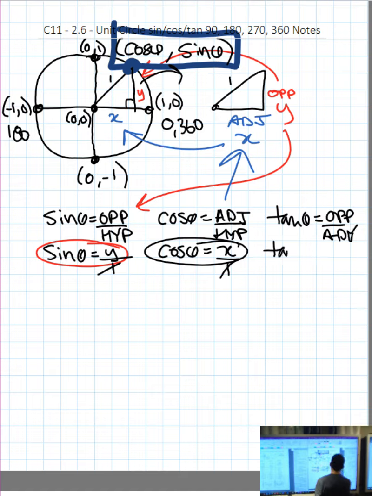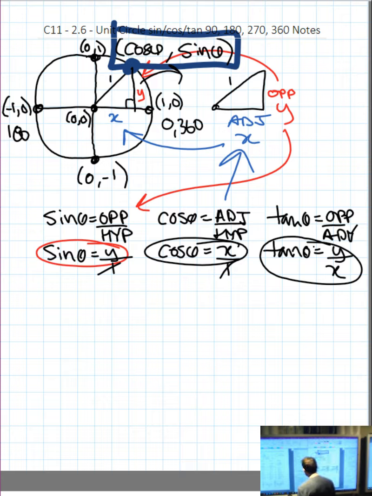Well, tan theta, the opposite is the y value, and the adjacent is the x value. Tan theta is just the slope of the line. Rise over run. And then there's a whole bunch of me substituting in for things.